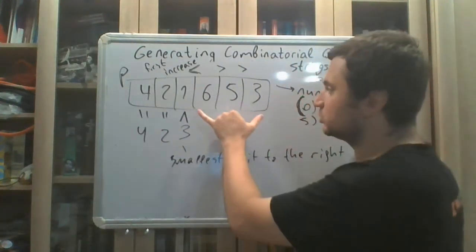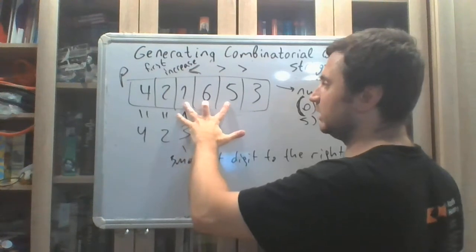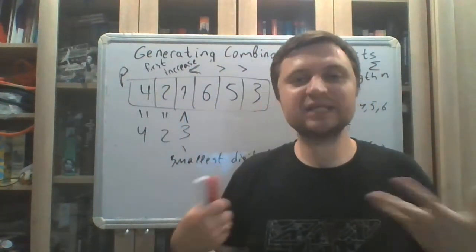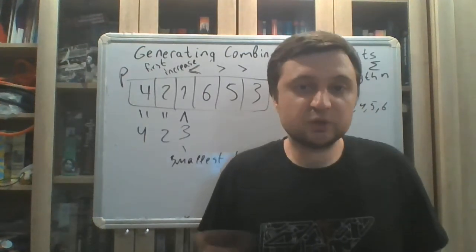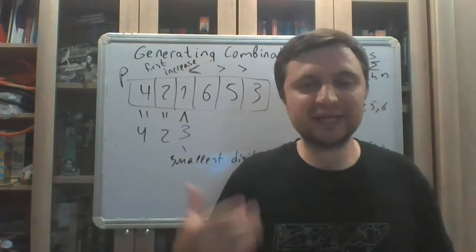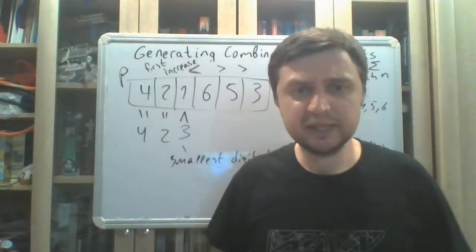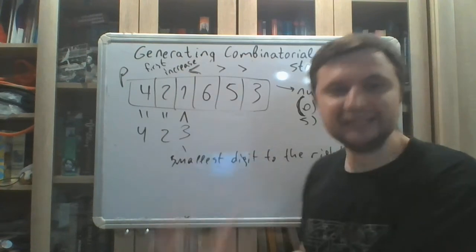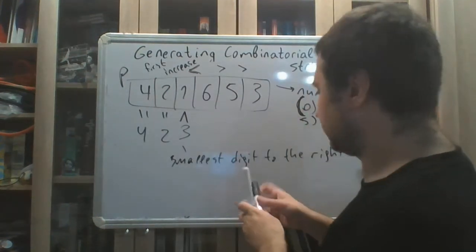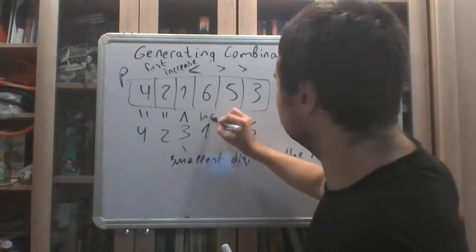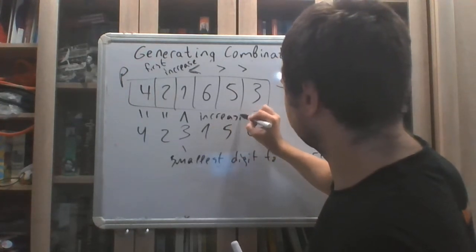So we just need to arrange the rest of the digits to form a word that is as small as possible. And of course, to make the rest of the permutation as small as possible, it's easy to see that you need to use these digits in increasing order. So we take like 1, 5, and 6 in increasing order.